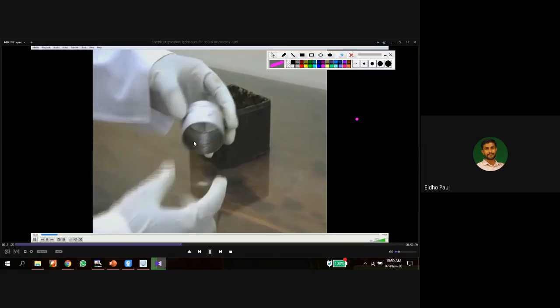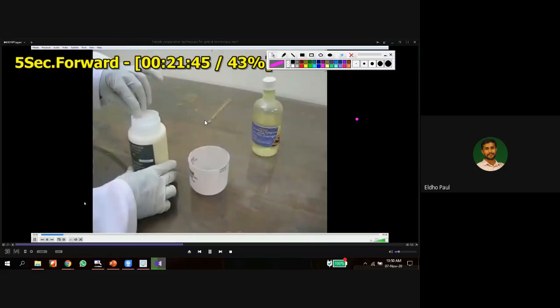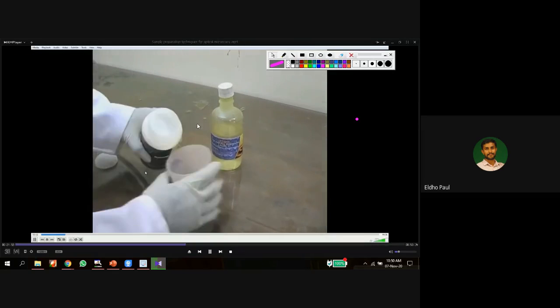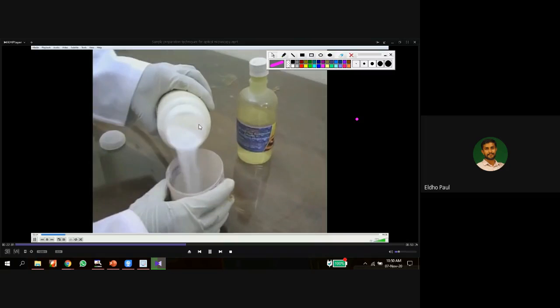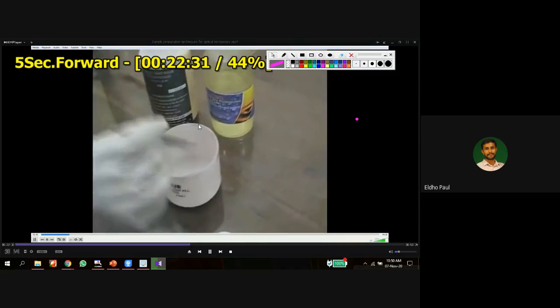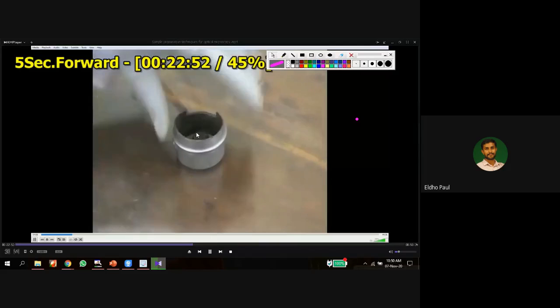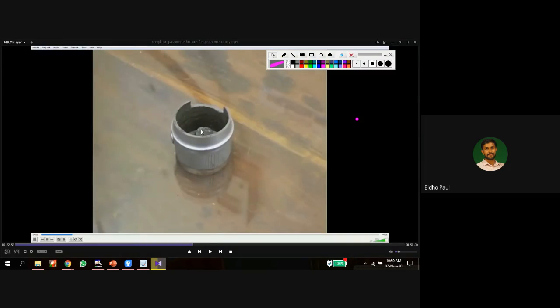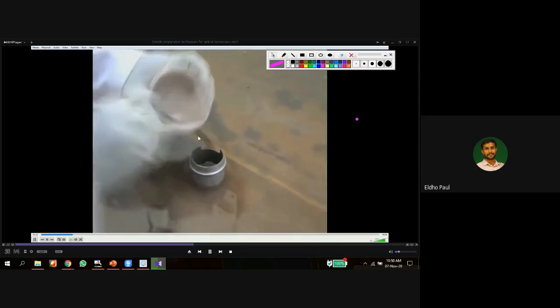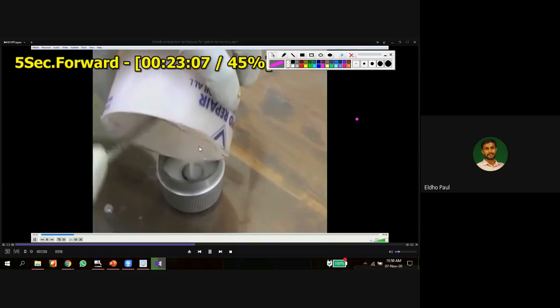After that, this is the compound preparation for the thermosetting plastic. Plastic can be used as a molding material, and after proper stirring, we keep the specimen inside the mold. We can see the specimen is kept inside this mold. Then we pour the chemical inside the mold.